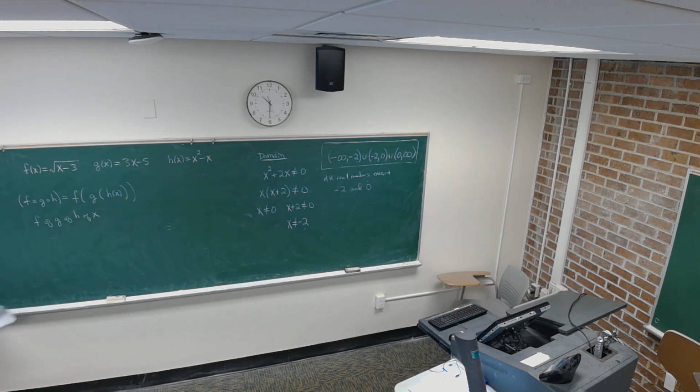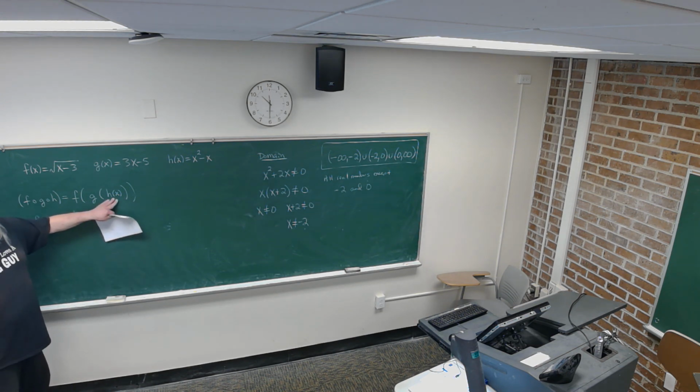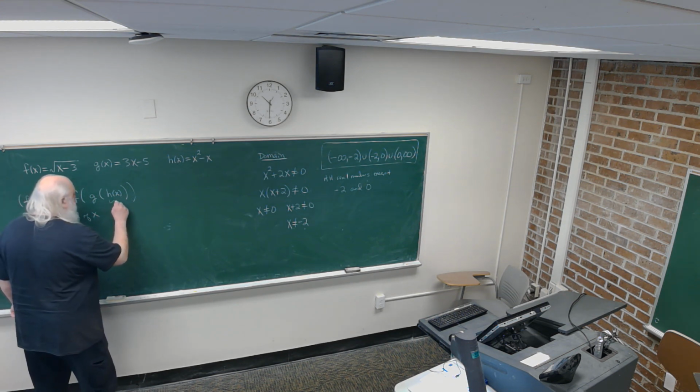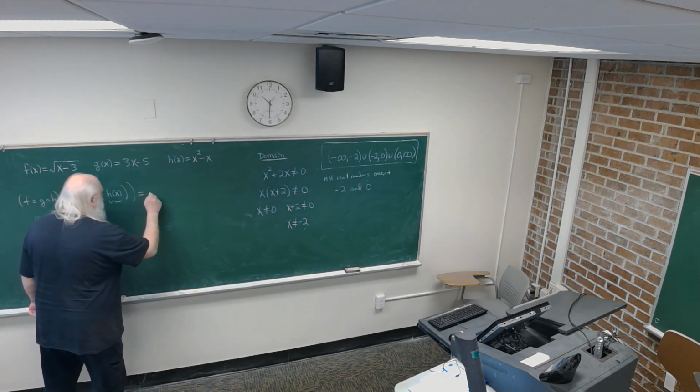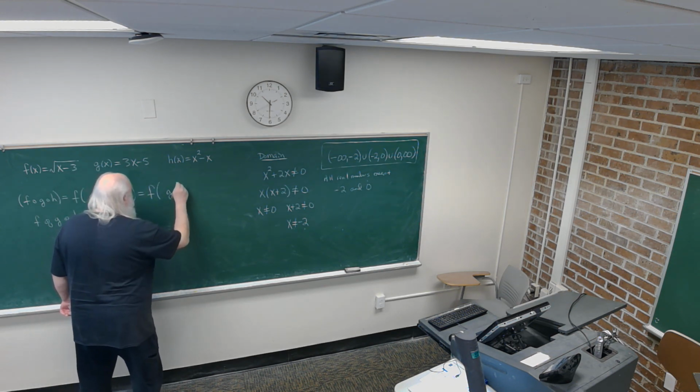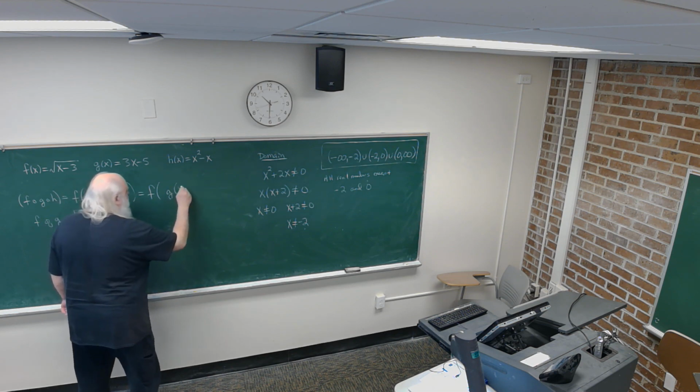Like when we were taking the composite of two functions, you start with the middle one and you work out, right? So we're going to replace h of x with what it's equal to. H of x is equal to x squared minus x.